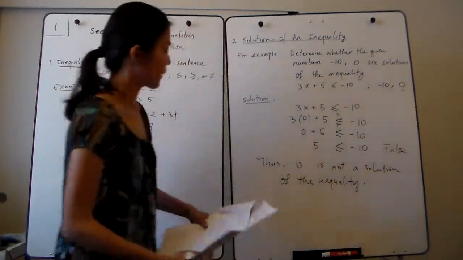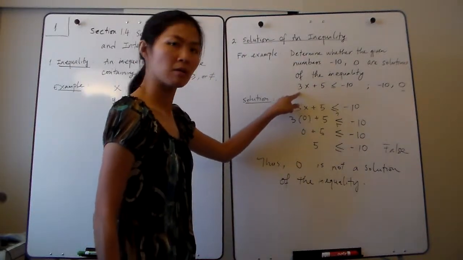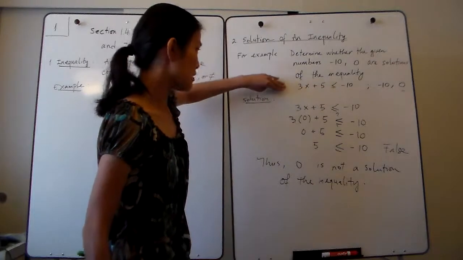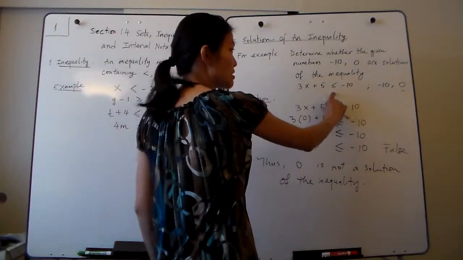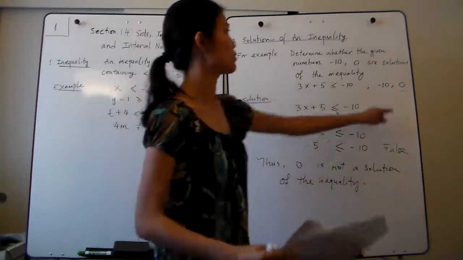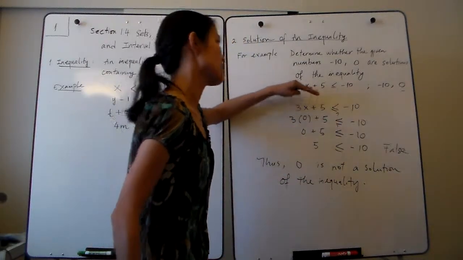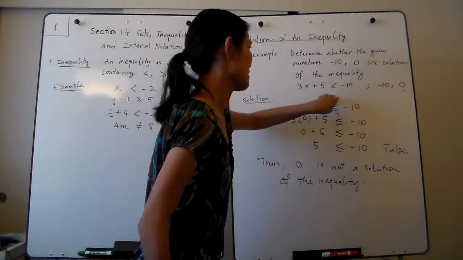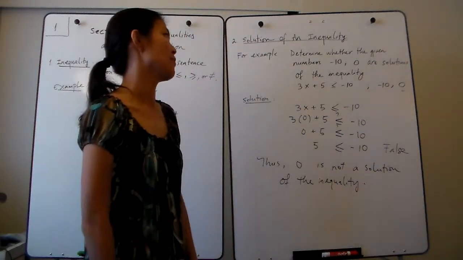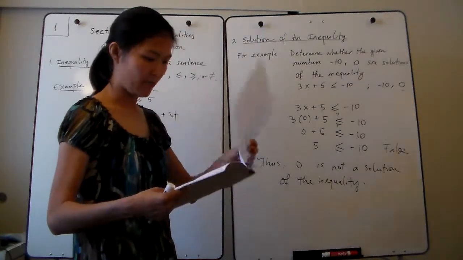The reason is, after we substitute 0 for x, it does not maintain this original inequality. Okay? Because after we substitute 0 here, the left-hand side is not less than or equal to the right-hand side. Okay? So that's number 1 and 2.